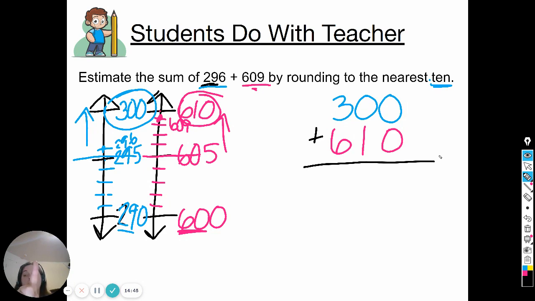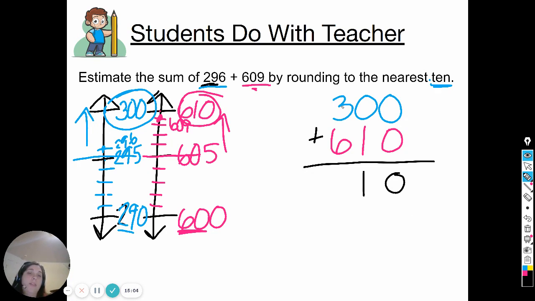Step 1 is always start in the ones. 0 plus 0 is 0. Now we go to the tens. 0 tens plus 1 ten. 0 plus 1 is 1.